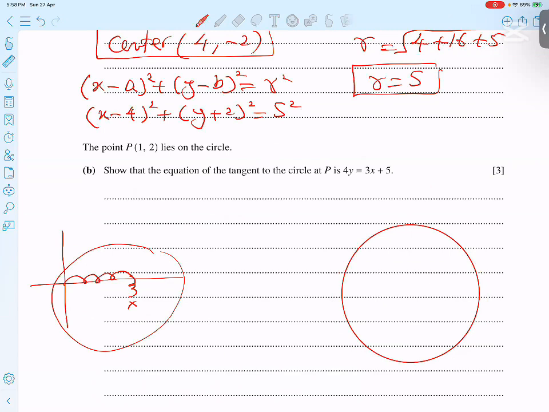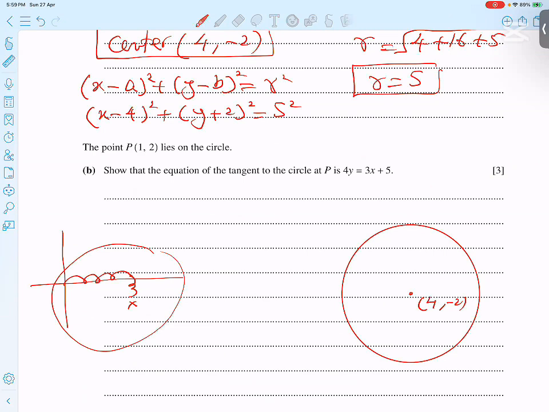Okay, and the center of the circle is, wait a minute, no, positive 4, negative 2. 4 and 2. This diagram is not compulsory, but if you make it, good for you.